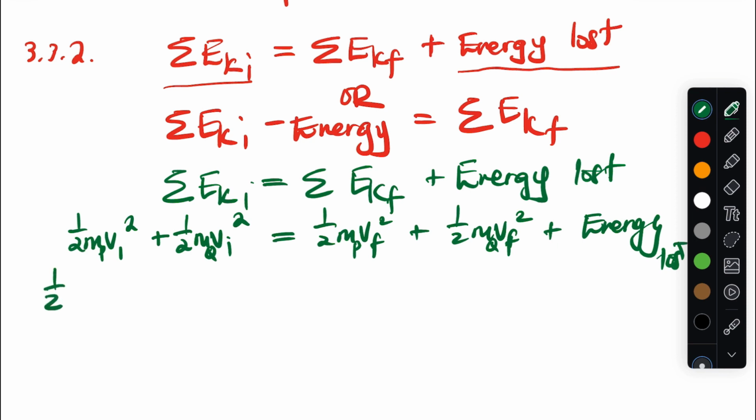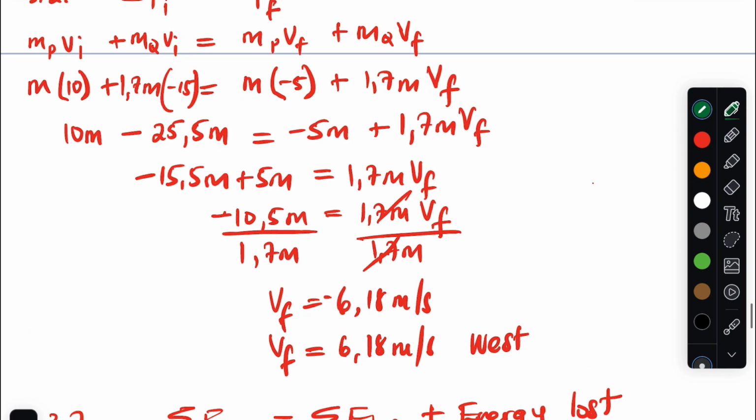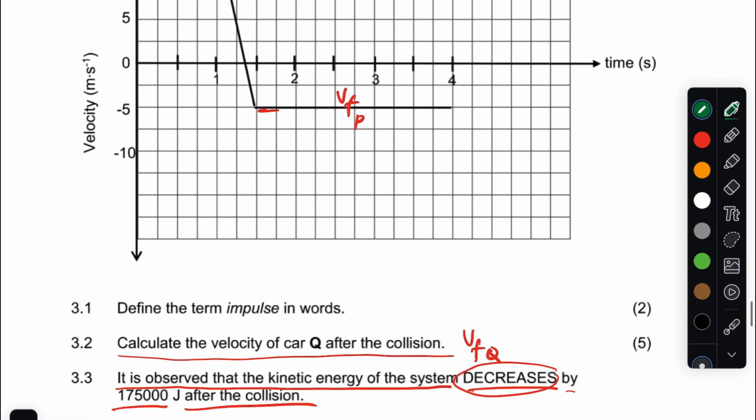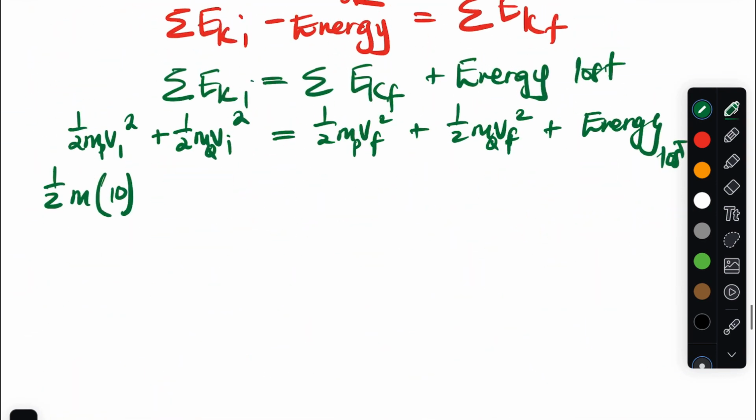So now the mass of P, it's still m. And then the initial velocity of P, it was 10, if I'm still correct. Yeah, it's 10 square plus half. And then the mass of Q, it's 1.7 m. And then the initial velocity of the car Q, it was negative 15.